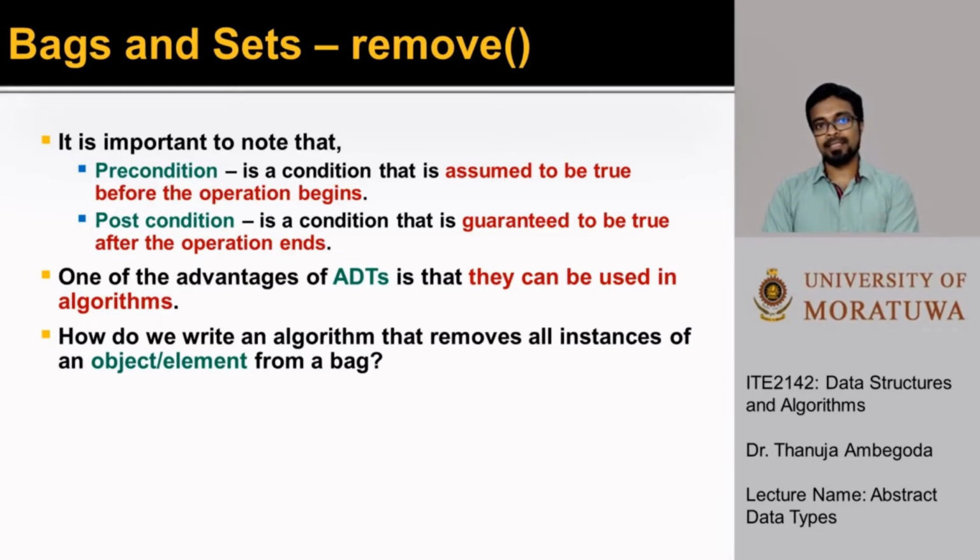So let's look at how to write an algorithm that removes all instances of a given object from a bag. You could pause the video for a few minutes and try to write some pseudocode or even actual code. You could actually write a Python program, for example, or a Java program, and then we can proceed.